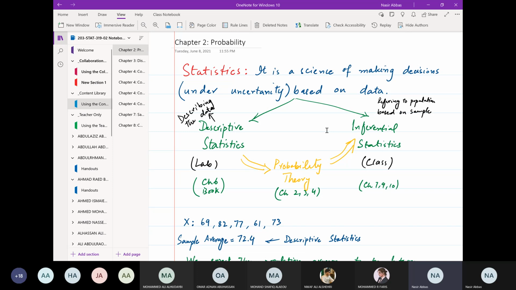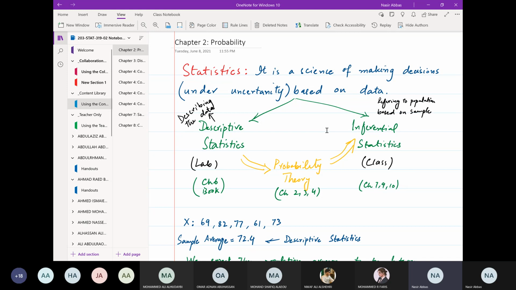The second branch is called inferential statistics, where we draw conclusions about a population based on a sample. We haven't done that yet. So we draw conclusions about population parameters like mu, like sigma, based on sample statistics like X bar and the sample standard deviation, and so on.